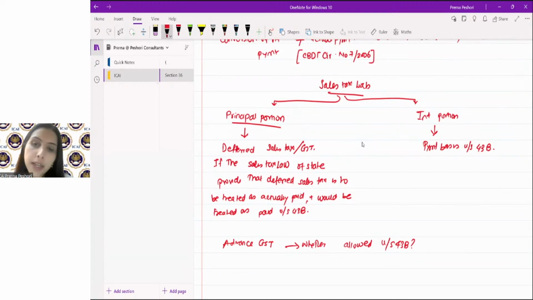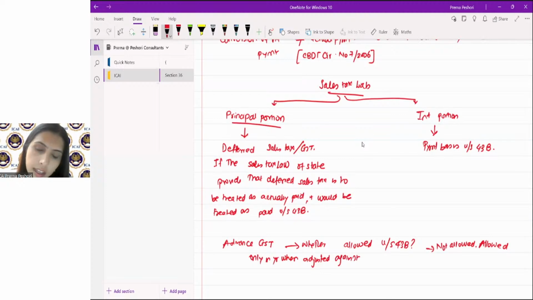Advance GST paid is allowed only in the year when adjusted against actual liability. Clear? So advance GST paid will also not be allowed as a deduction.